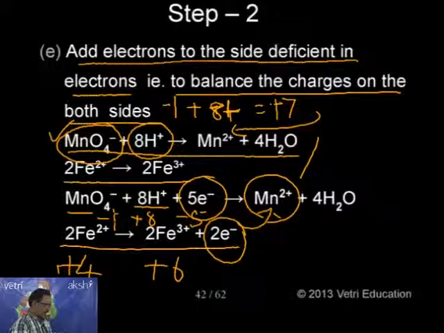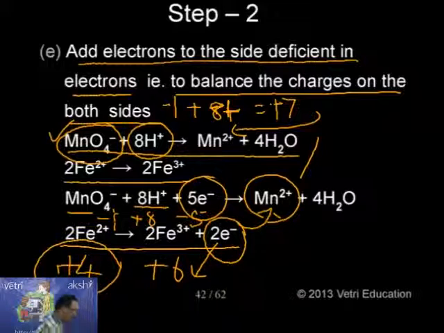So automatically, to balance this, when I add 2 electrons, plus 6 minus 2 minus, now it will be plus 4. The left side plus 4, right side also plus 4. So automatically the charges are balanced on both sides.